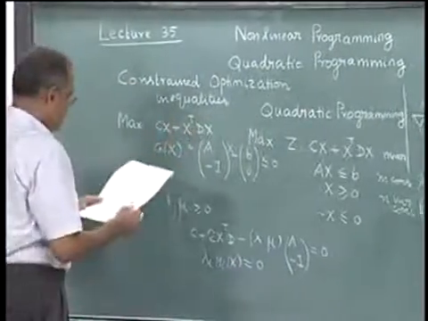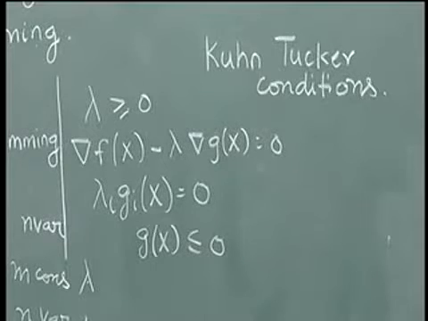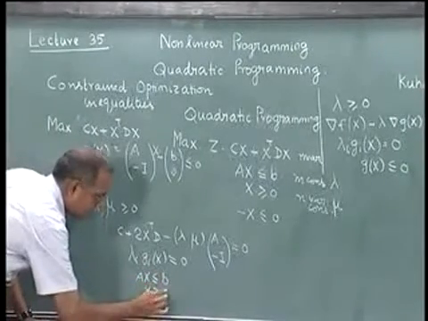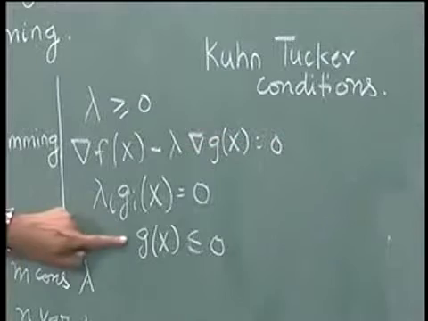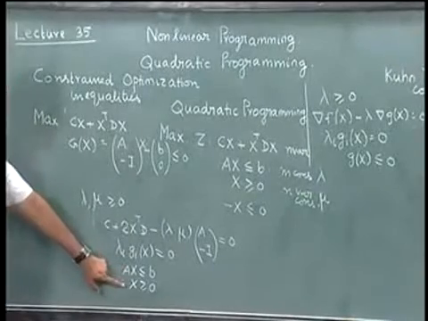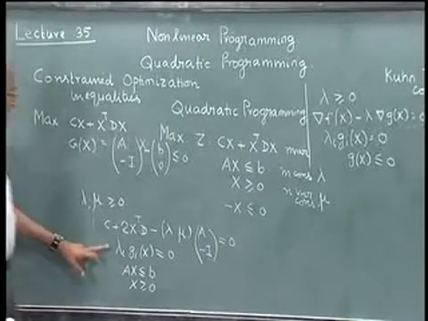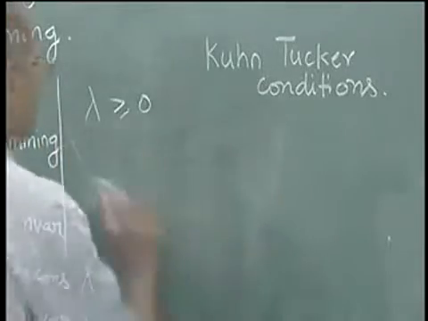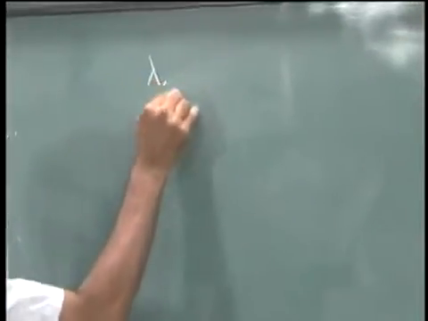And then we have g of x less than or equal to 0, which is given by Ax less than or equal to b and x greater than or equal to 0, because g of x less than or equal to 0 is the same set of constraints that repeat here. That is given by Ax less than or equal to b, x greater than or equal to 0. This one we are explicitly writing exactly this way, and then we will make some modifications to this. So we rewrite this and then make some modifications. So lambda, mu greater than or equal to 0, which comes from here.